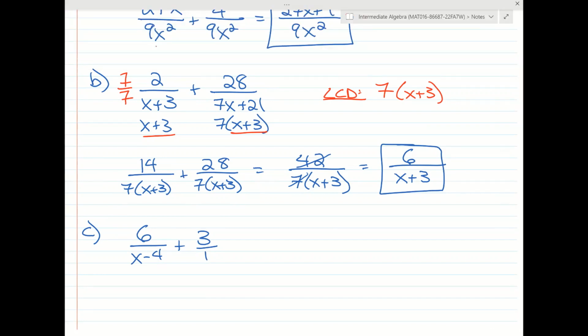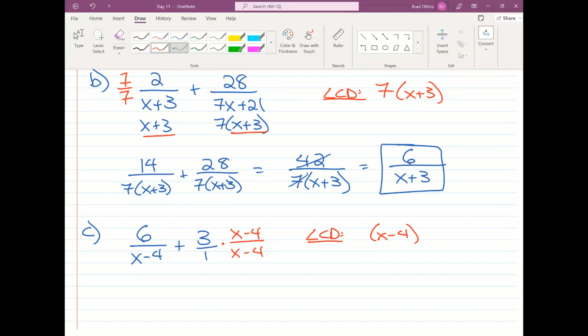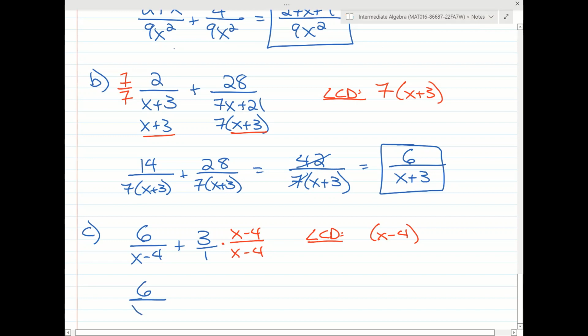We definitely need an x minus 4. And the 1 doesn't really count. So we're just going to multiply the second fraction by x minus 4 over itself. We get 6 over x minus 4 plus 3 times x minus 4 over x minus 4.